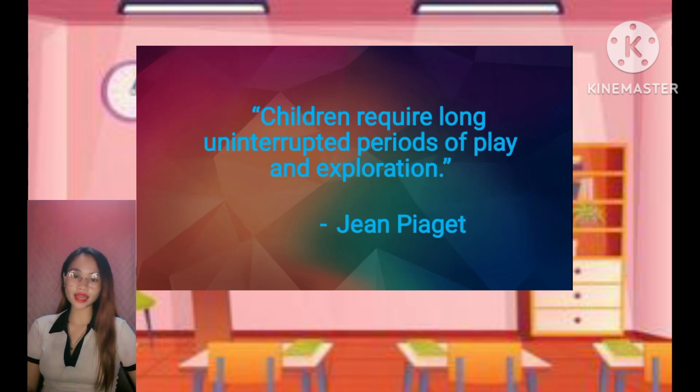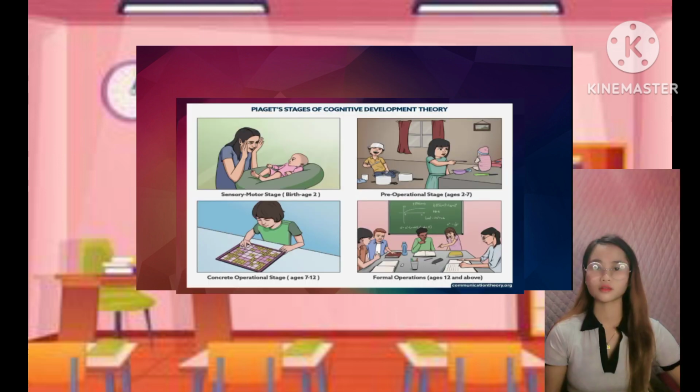According to Jean Piaget, children require long and uninterrupted periods of play and exploration, so that children can discover things for themselves. If we truly believe they are capable of socializing, problem solving, and creating complex systems with rules, then we can successfully use spontaneous observation to capture a child's development as it unfolds naturally.